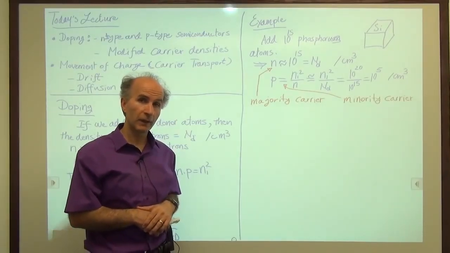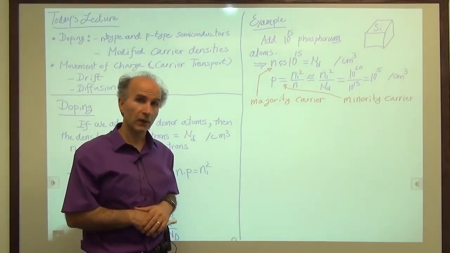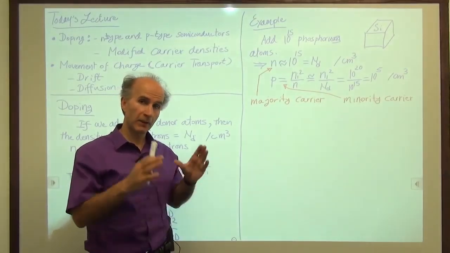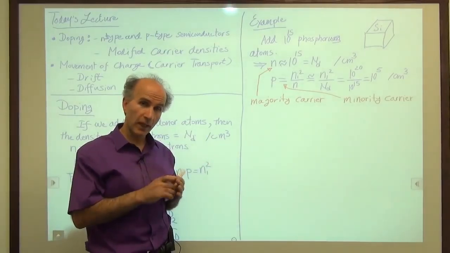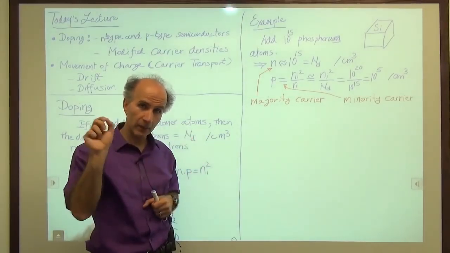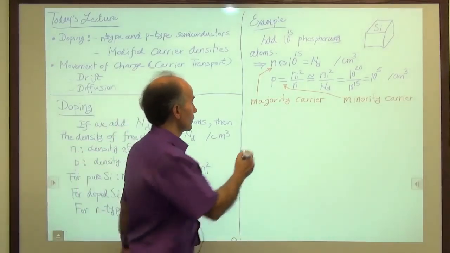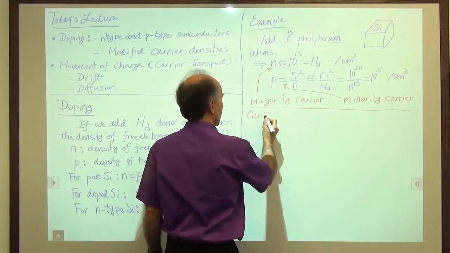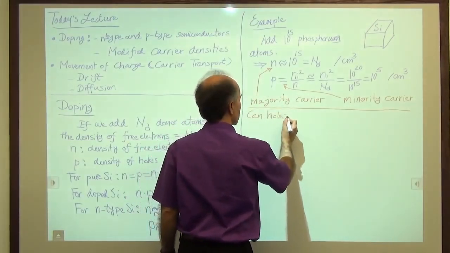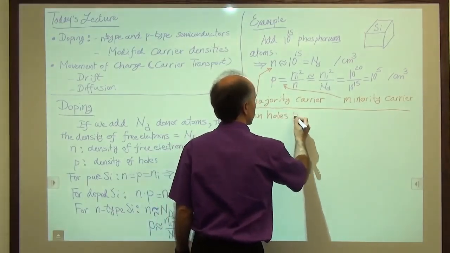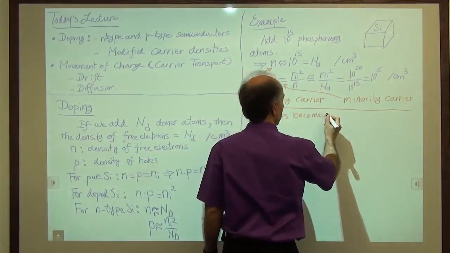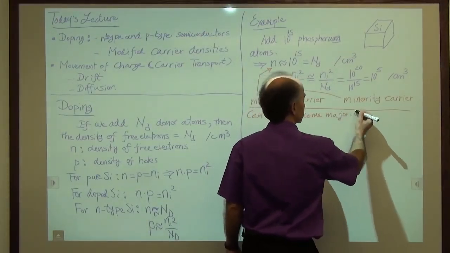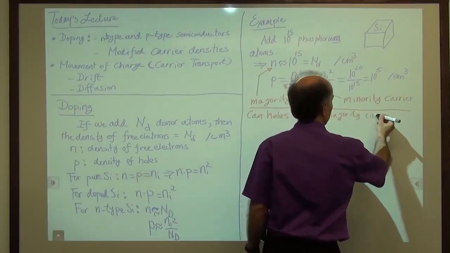If you remember from the periodic table section that we saw, the 3rd column had boron in it, B. So what if we take a piece of pure silicon and substitute some of the silicon atoms with boron atoms? So that brings us to the next topic, which is, can holes become majority carriers?